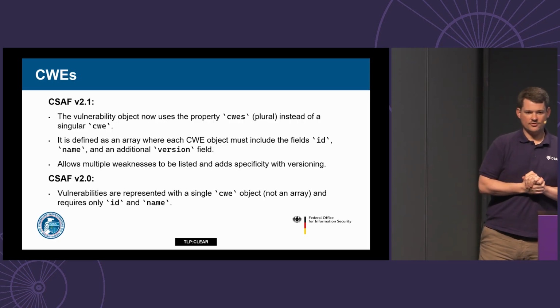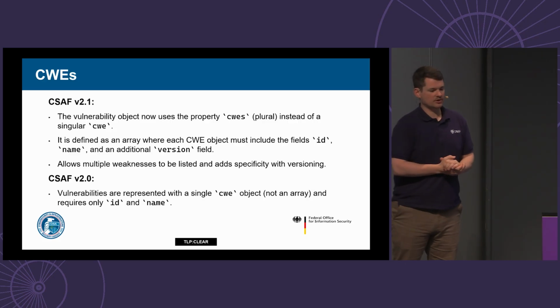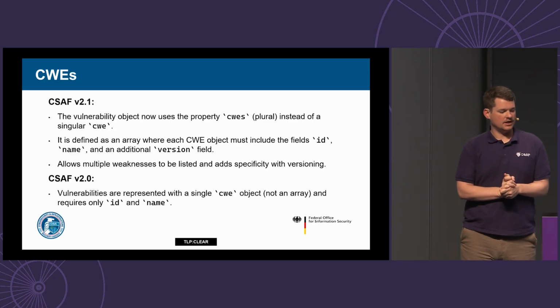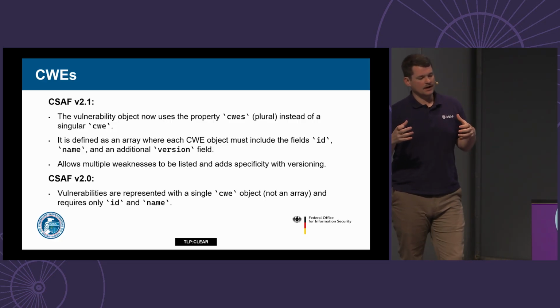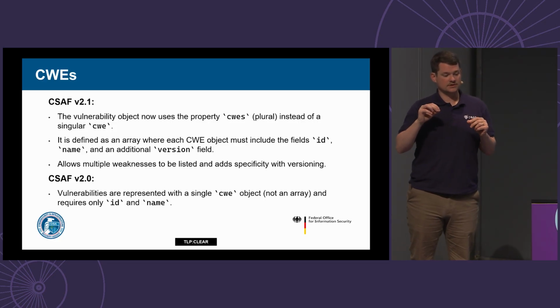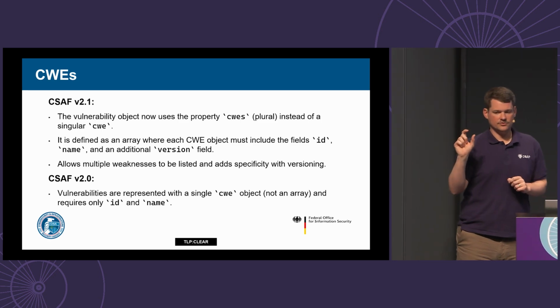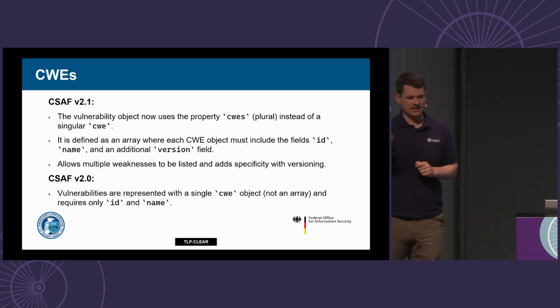We now have the ability for you to provide common weakness enumerations, plural. In version 2.0, you were limited to providing one, so now you can provide multiple. And an important feature to that is the mandatory field required of the version for the list of the CWE.